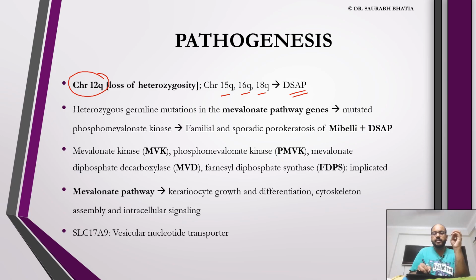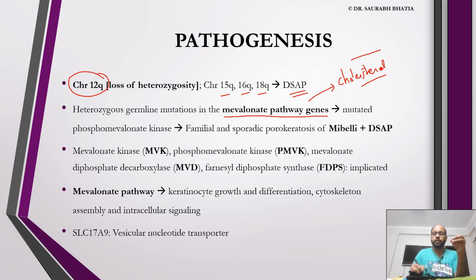Another pathomechanism is mutations in mevalonate pathway genes. Now, the mevalonate pathway is essential to form cholesterol. This pathway is important for cholesterol, and we have discussed previously in the basics of keratinization that we require cholesterol esters to form a good lipid envelope around the corneocytes.